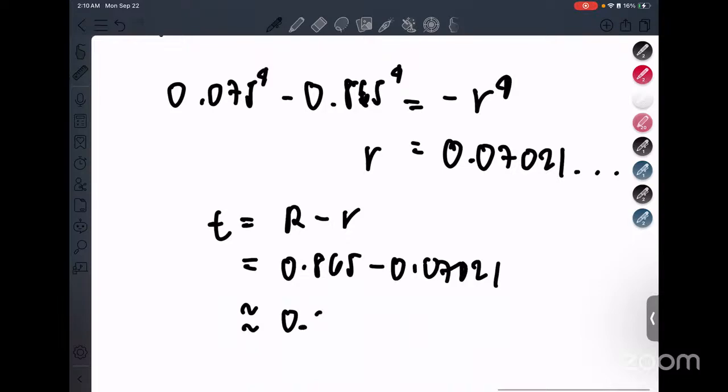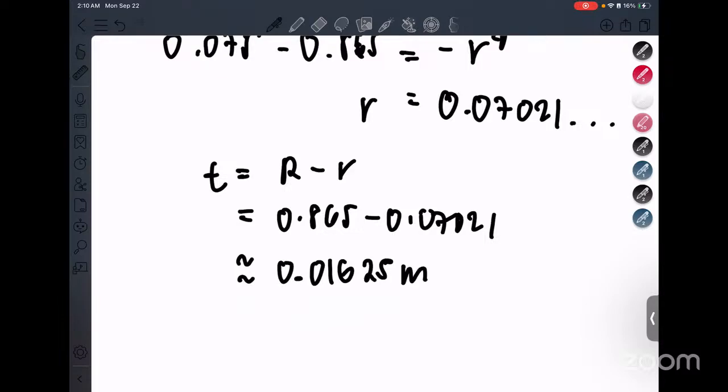So approximately 0.01625 meters, which is about 16.26 millimeters. Sorry, 16.258 millimeters, when rounding to a few decimal places.